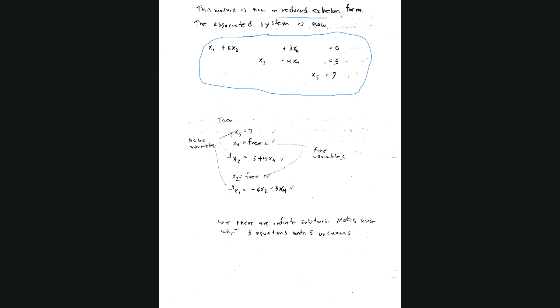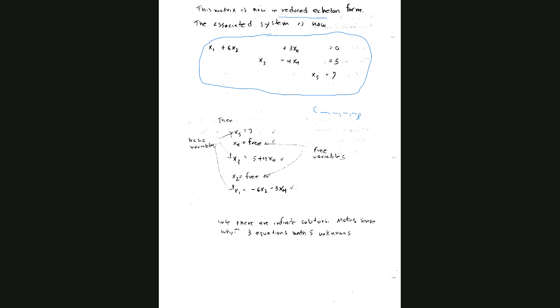Now let me ask you this: we know that there are 5 variables, so we can't even think about this geometrically, right? Because geometrically, we have to stop at a system with about 3 variables, like planes.